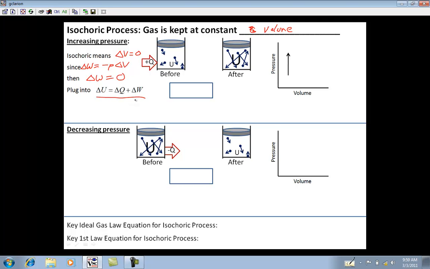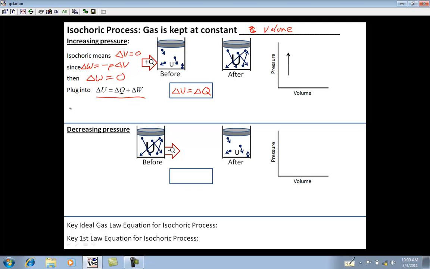It means that delta U is equal to delta Q. All the heat that I'm adding to my gas, notice the volume is not changing, goes just into the internal energy.